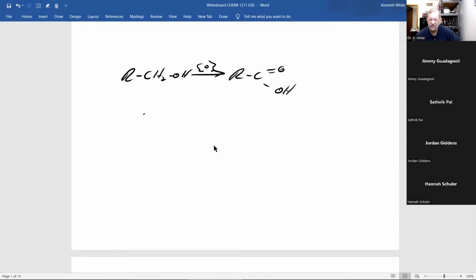If you oxidize this long enough and strong enough with an oxidizing agent, which I don't talk about reaction conditions in this class, but those are important, you can take a primary alcohol and oxidize it to a carboxylic acid.